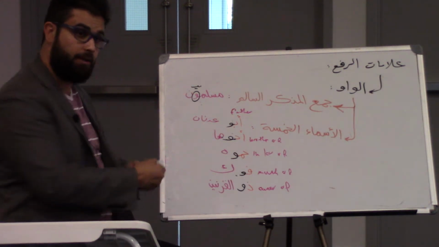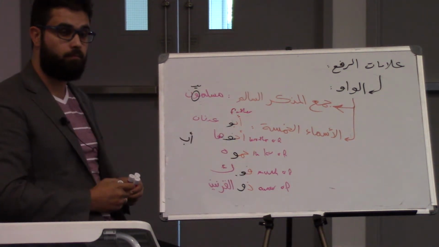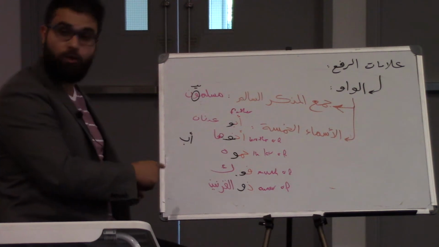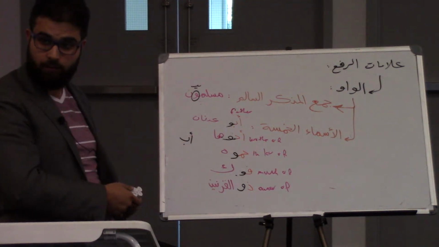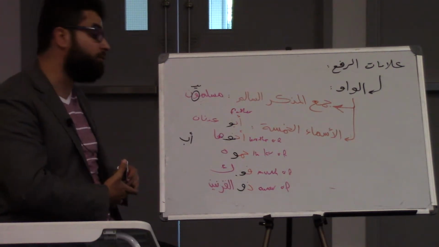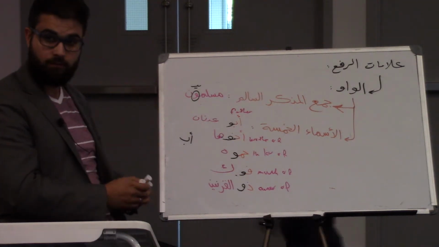So the word ab exists in the Arabic language. So abuka, abuhu, abuha, they're all dhamma with rafa' because they have the waw. But the word ab is a singular noun if it's not connected to anything. Then what is the marker of rafa' for a singular noun? Dhamma, right?